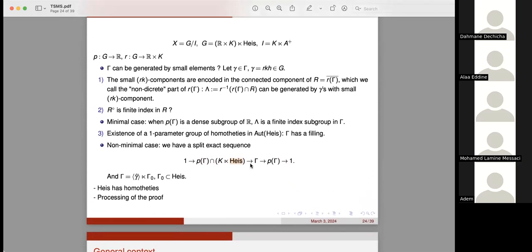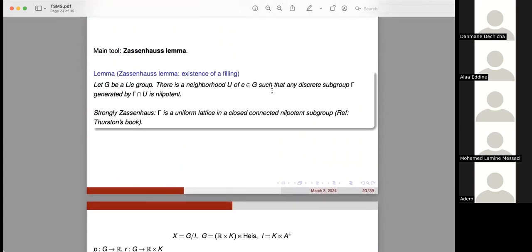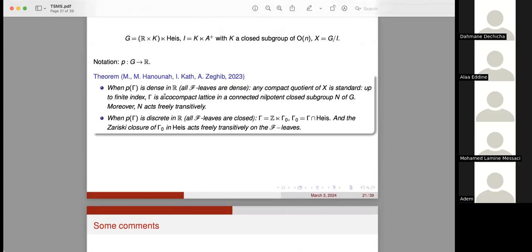The fact that it acts simply transitively is the same idea as the fact that the synthetic hull in the first case here acts simply transitively. It's the same idea as in the flat Lorentzian case.